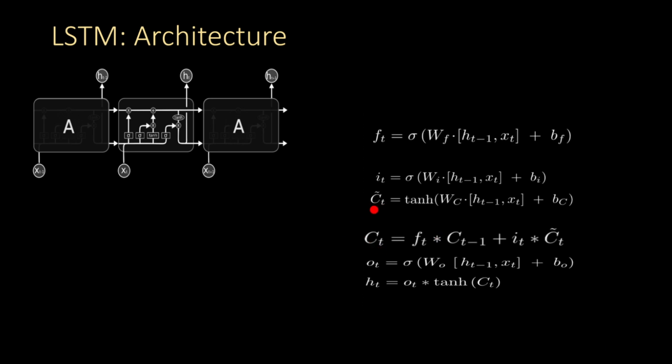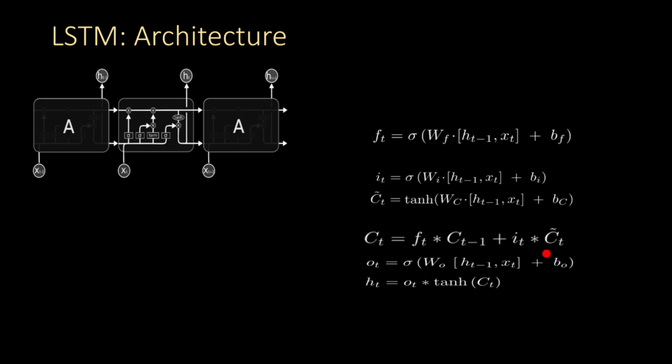Great. So now we're at the crucial part. To get the present memory cell, remember, the memory cell is the link between the present time step and the entire history. It's a more reliable source of information because of all the gates. All right, so the present memory cell is then a combination of the past memory cell and the present candidate memory cell.